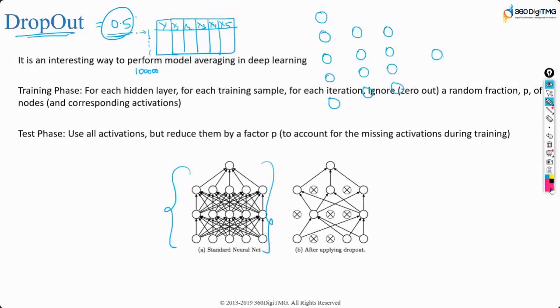So you randomly choose 50% of neurons from the hidden layers. Randomly drop 50% of inputs also.